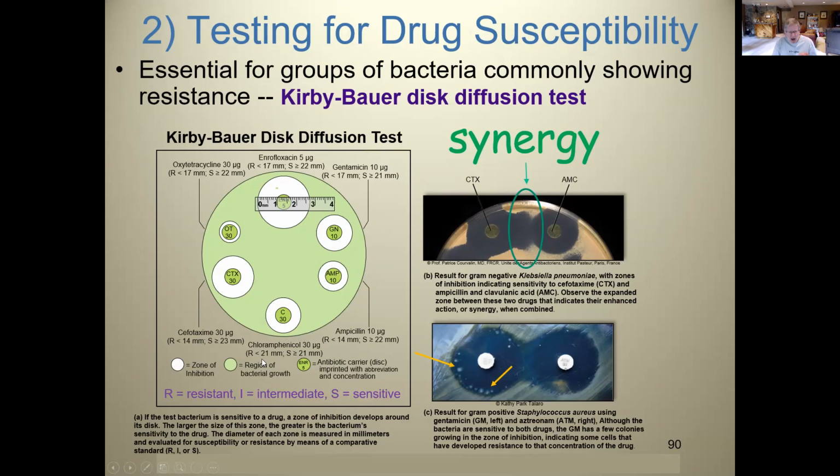So we've compared the numbers we've measured to some standardized values. And you can see here, for example, with ampicillin, if the zone of inhibition is less than 14 millimeters, we'd say that the bacterium is resistant to the antibiotic. If it's equal to or greater than 22, we'd say it's sensitive to that antibiotic.